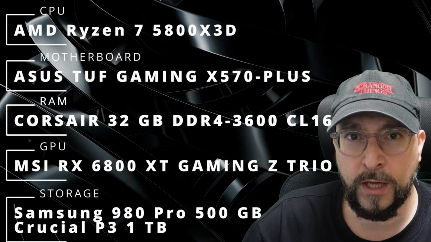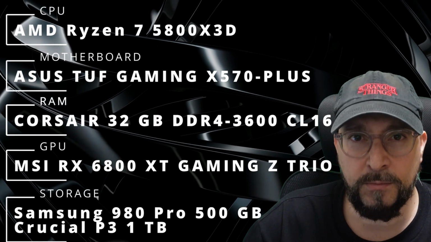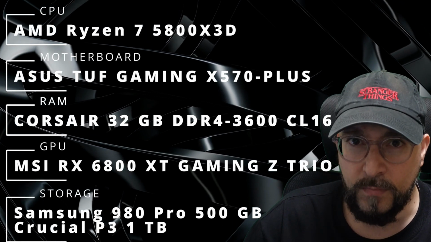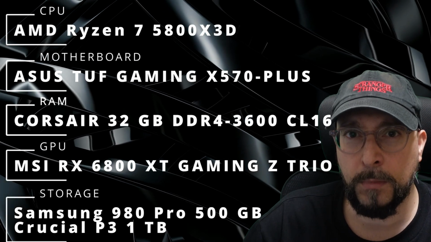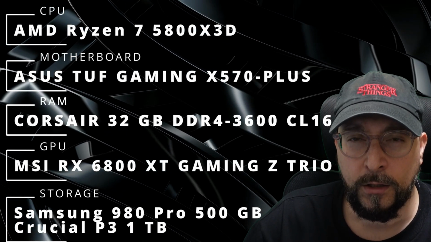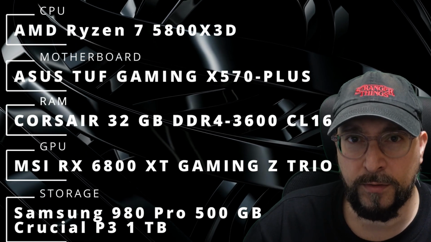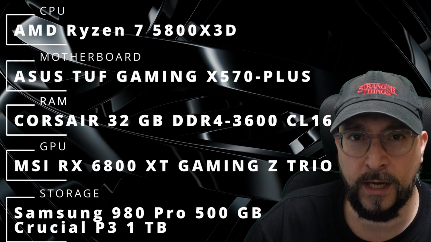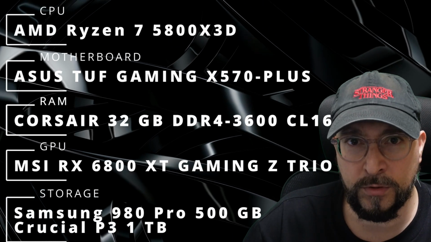For my motherboard, I have an ASUS TUF X570 Plus gaming. I'm using 32 gigabytes of DDR4 RAM, clocked at 3600 mega transfers with a CL16 timing setting, and it's enabled through the motherboard settings.